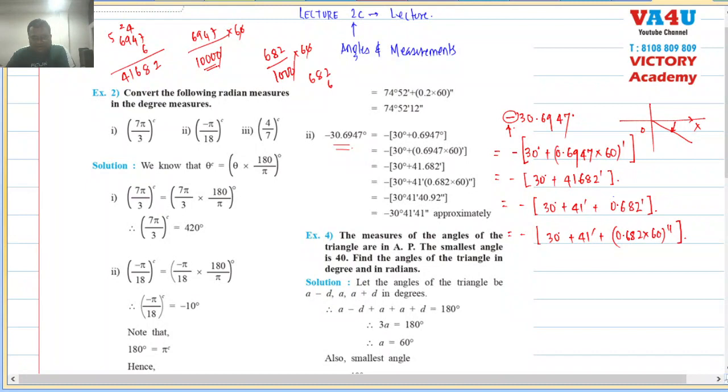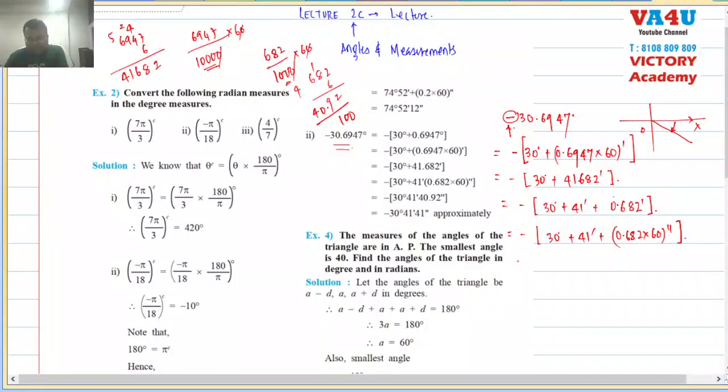So 682 into 6, 6 2 are 12, 8 6 are 48, 49, 6 6 are 36, 36 plus 4 is 40, sorry. So 4092 divided by 100 is 40.92.